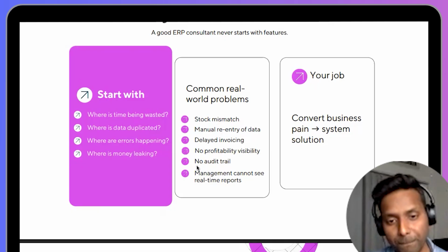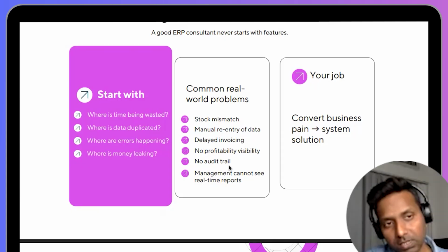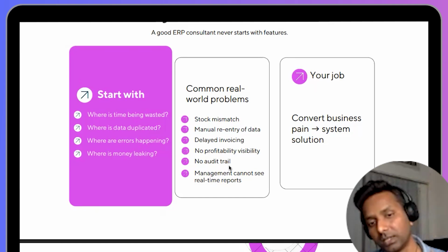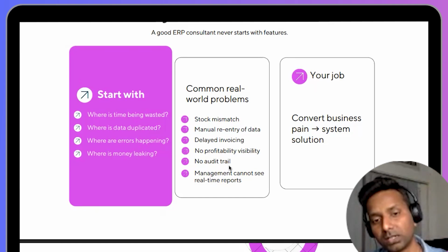Then no audit trail: whatever data they have is just that. If you want to track how this happened, what caused this profit or loss, you cannot go through a chain system to identify the problems.